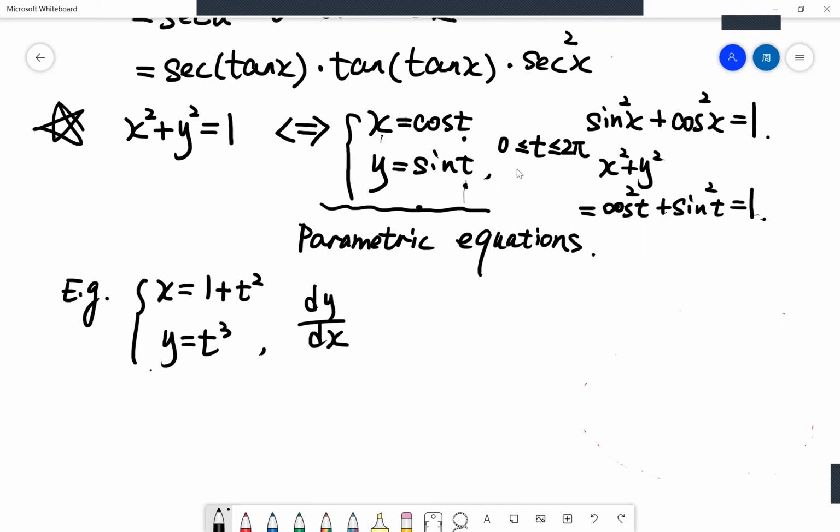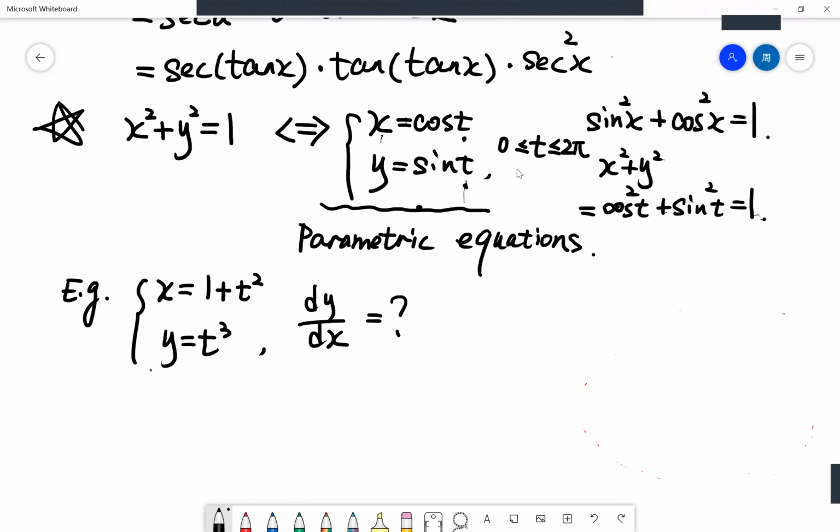How to find dy by dx? For this kind of parametric equations, we usually use the following way to solve it.